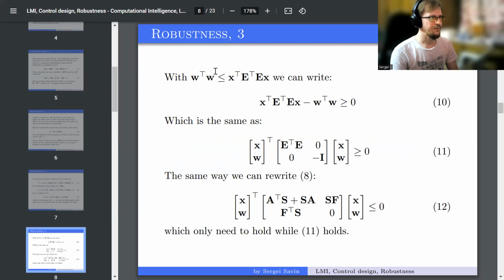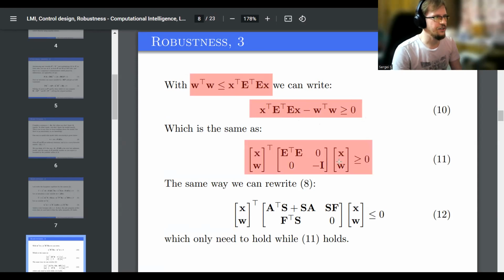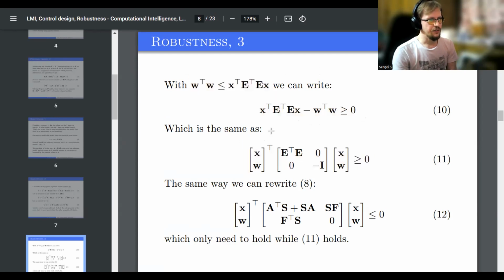So this condition, we can rewrite it this way. This is the same thing, just rewritten. Now we can rewrite this further as a quadratic form. So you notice that here x and x becomes this x. Omega becomes this omega.